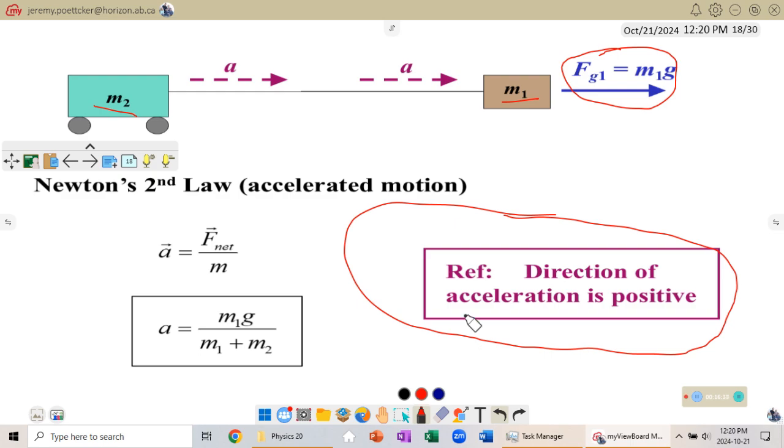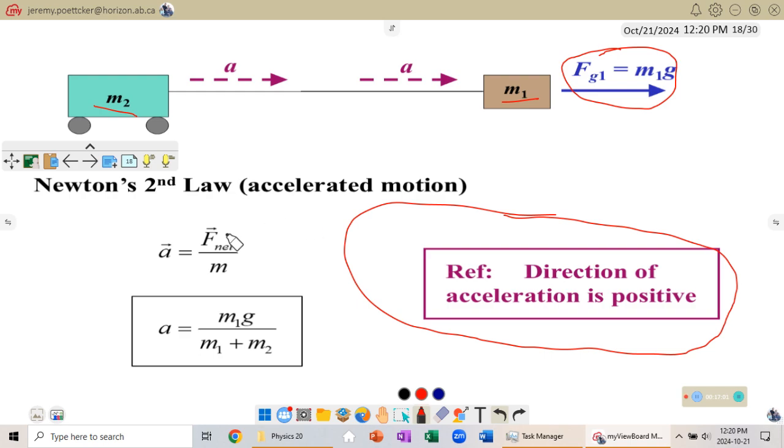It's a smart idea to just say, well, the direction of the acceleration, that is going to be our positive direction, and that is okay to put that as your reference. And this is especially good when you get to pulleys where one mass is going up and the other mass is going down. We'll just say the acceleration direction is positive.